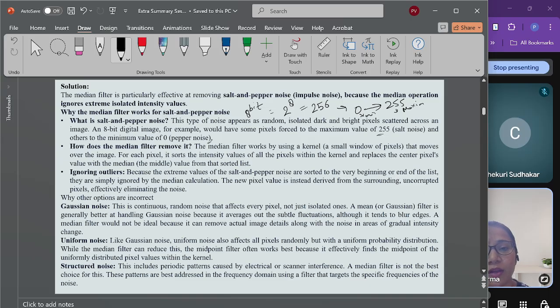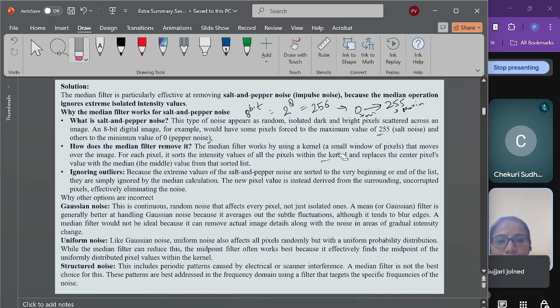Okay, so already you have studied this: the image pixels are given as a 3 cross 3 or 5 cross 5, and there is one kernel given. We move over it, calculate the median value, and replace that pixel with the median value.